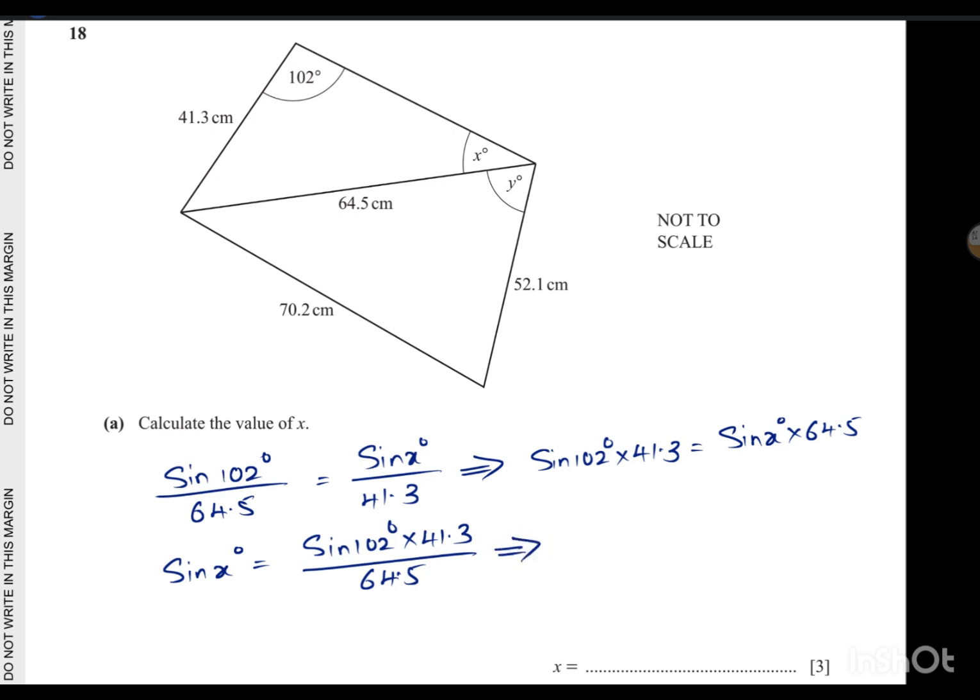Using this, you need the value of x, so x is equal to the sine inverse of the complete expression on the right hand side.